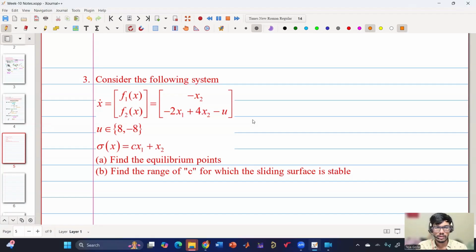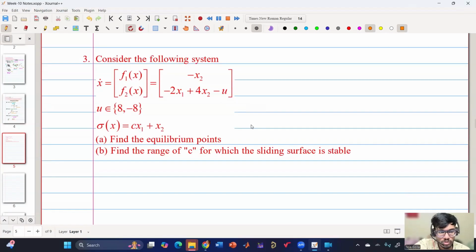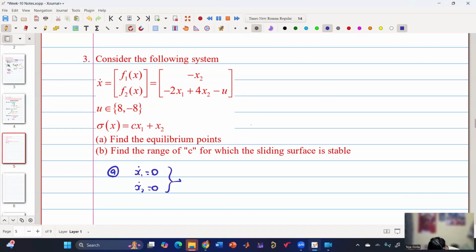X dot equal to 0, we can equate. Yes, very good. So for calculating the equilibrium points, we'll have to do x1 dot equals to 0 and x2 dot equals to 0. And then we have to solve for x1 and x2.